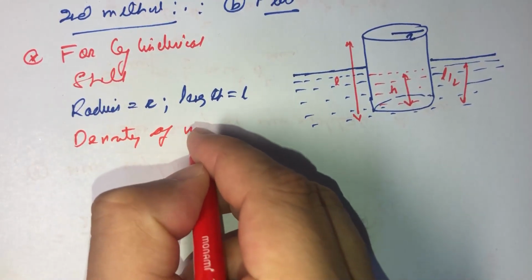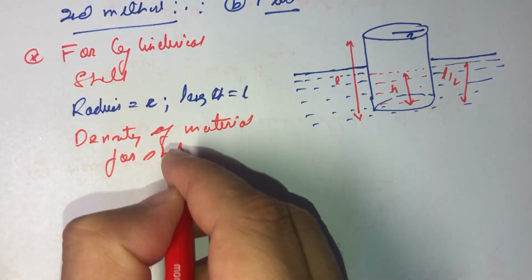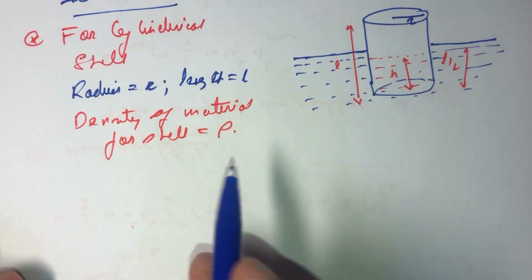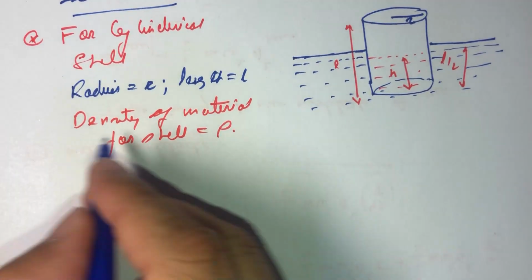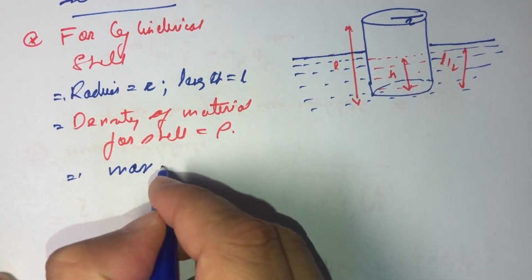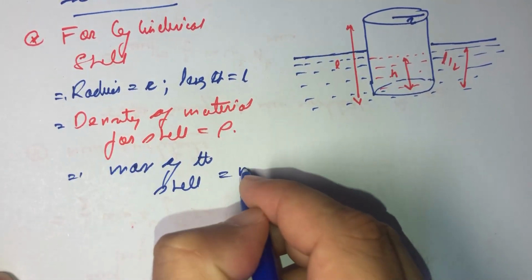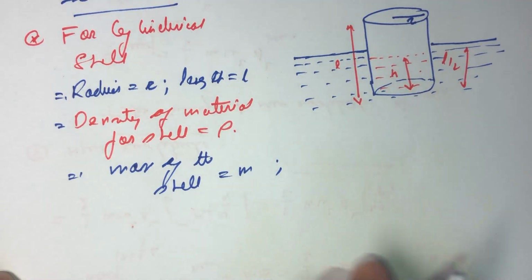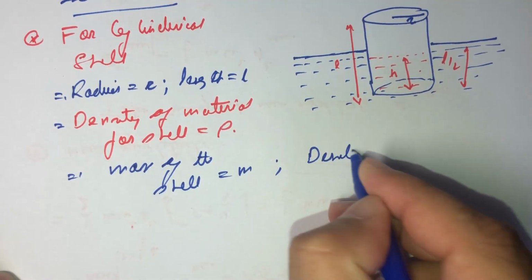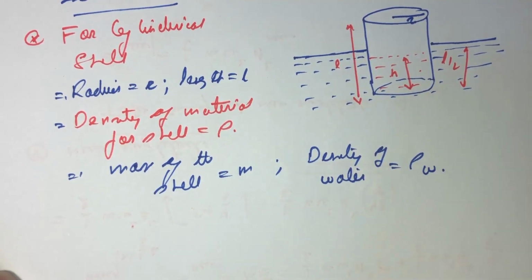The mass of the shell is taken as small m, and the density of water is taken as rho w.